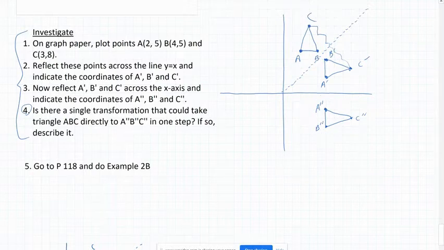And so it might help if we look at the coordinates. A double prime ended up at 5, -2.